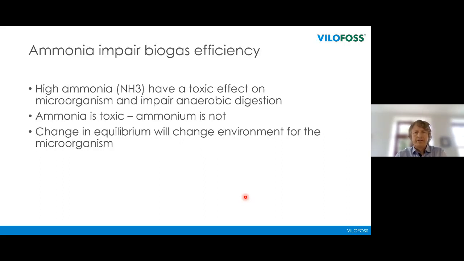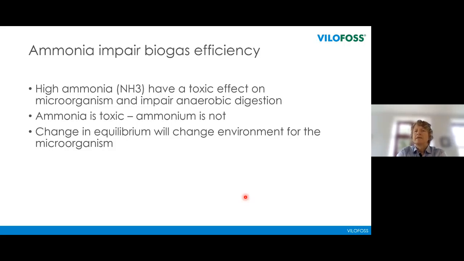The next thing we are going to discuss is ammonium and ammonia. The thing is that ammonia will impair the biogas efficiency. The ammonia has a toxic effect on the microorganisms, so if you have a high concentration of ammonia, you have a lower efficiency of your microorganisms.